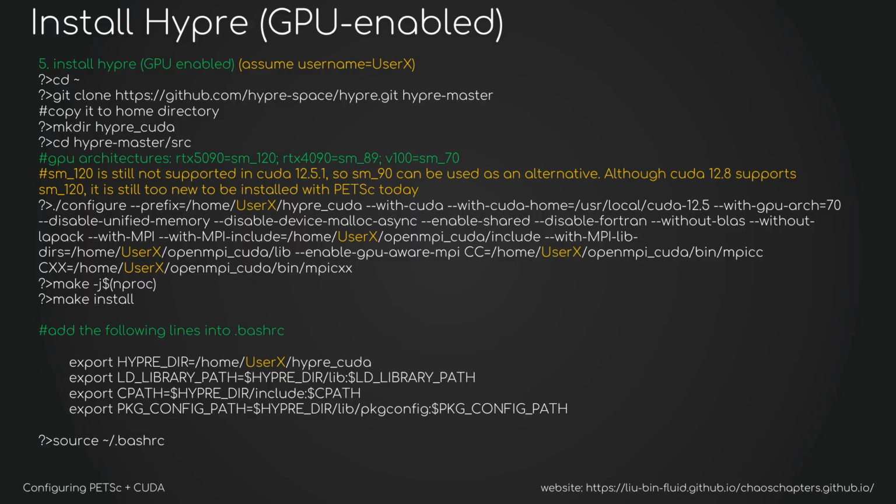Besides specifying all the paths of external libraries correctly, you are required to take note of the correct architecture of your GPU and include it in the configuration flag. For example, RTX 5090, RTX 4090, and V100 are SM_120, SM_89, and SM_70 respectively. After finishing all these steps, you can include the installed binary files of GPU-enabled Hypre into the searching paths in the .bashrc file and source it.